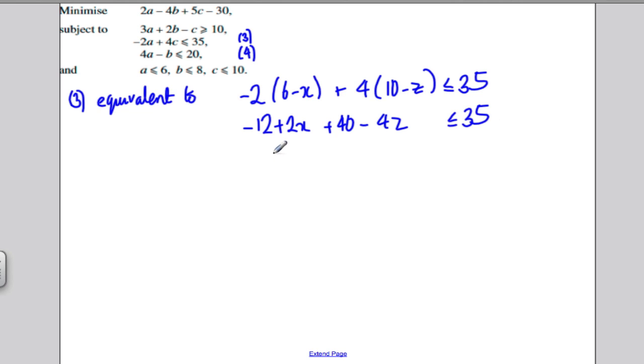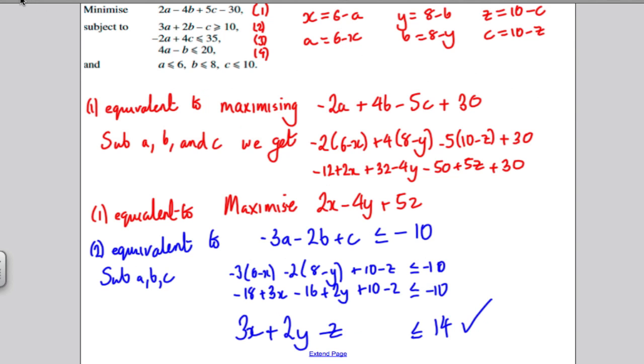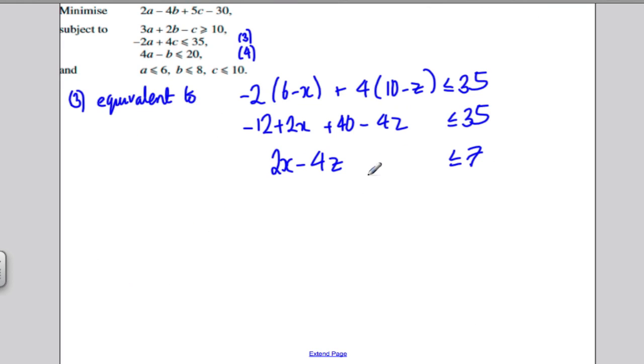And tidying that up, you get 2x minus 4z less than or equal to, on this side, 40 minus 12 will give you 28, and subtract 28 from both sides, so you should get less than or equal to 7 when you tidy that up. So just checking back, 2x minus 4z is less than or equal to 7, you've done that.